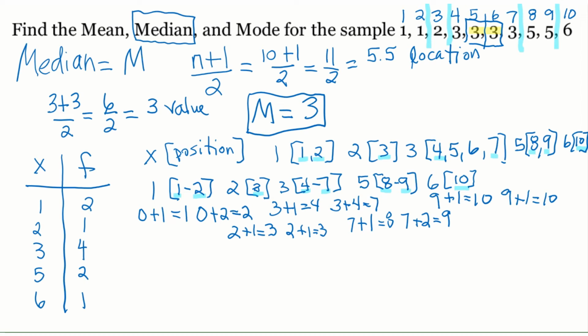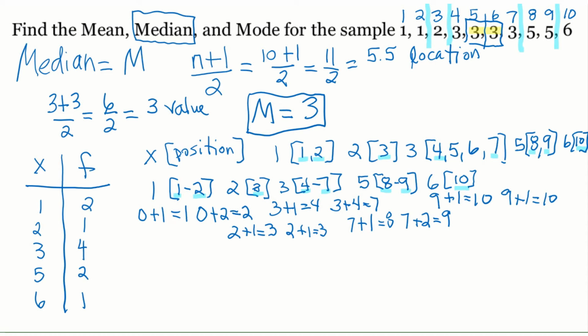So in the brackets are the positions that each of those values carry. Now that we have figured out the positions, we solve it exactly the same way that we did before.